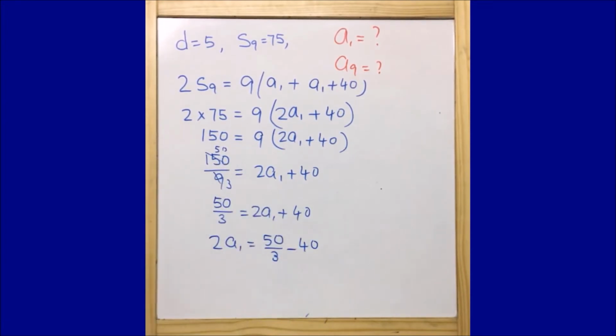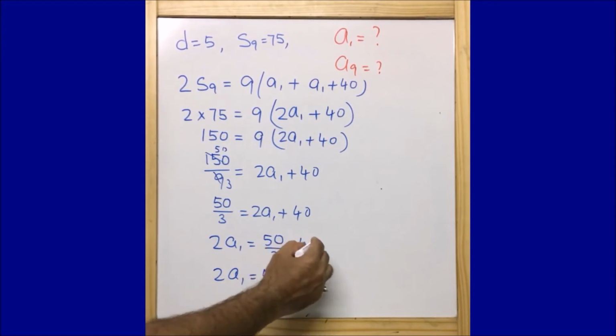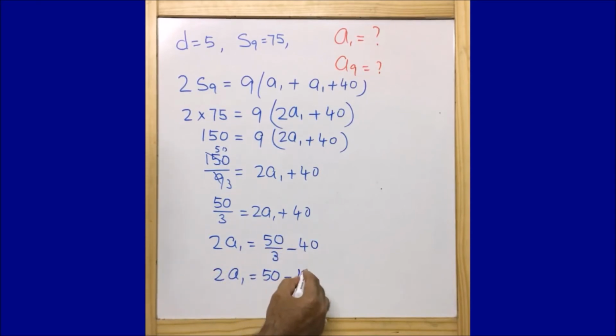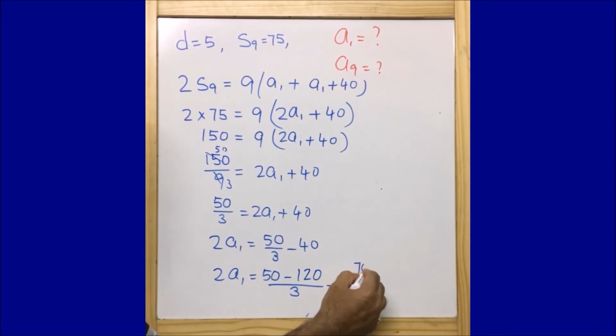Now I can write 2a1 is equal to 50 minus, multiplying 3 in the numerator and 3 in the denominator, I can write 50 minus 3 4s are 12, 120 by 3, that is equal to minus 70 by 3.